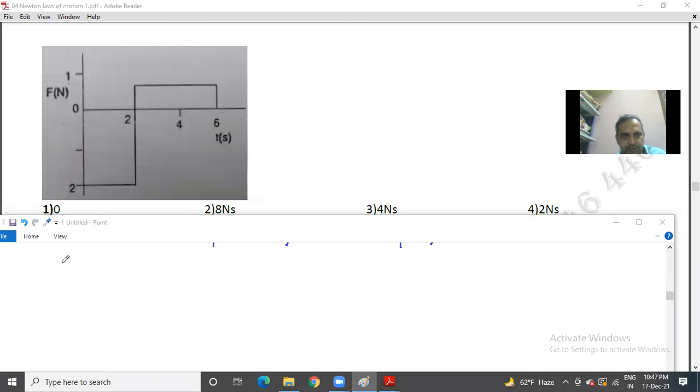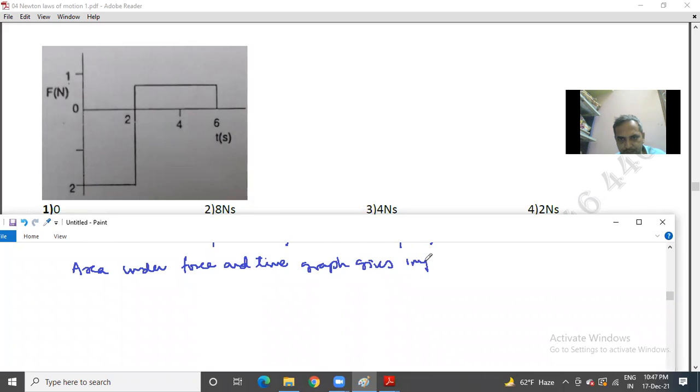So remember, this question is based on impulse. Now impulse is equal to the area under the force and time graph. Now, there are two rectangles here. In the first case, F is negative.